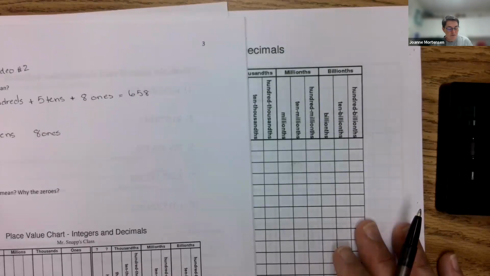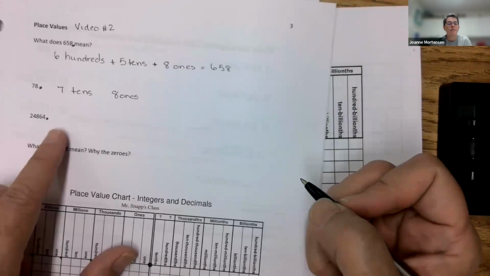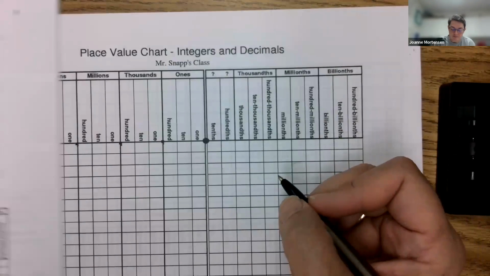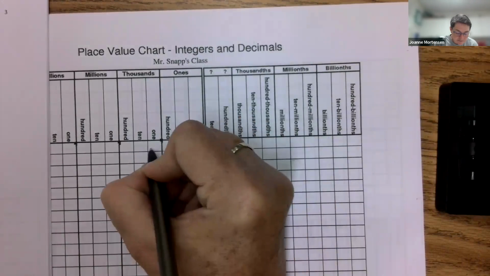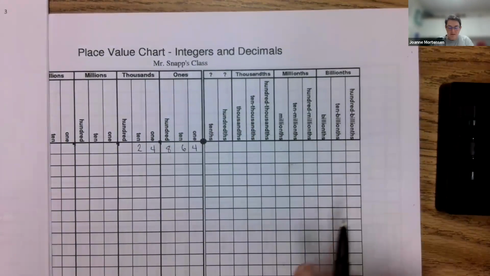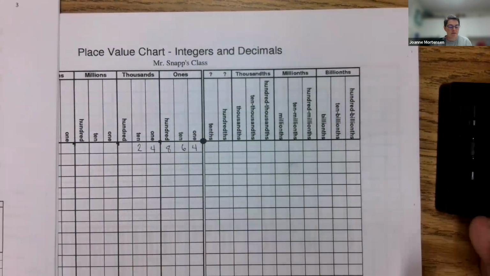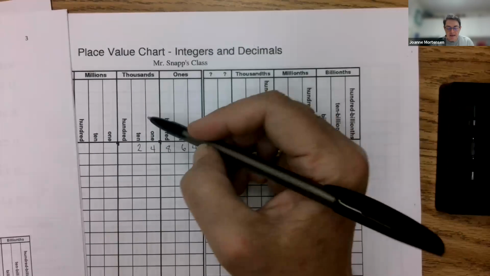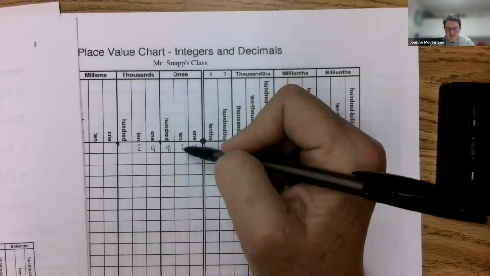So 24864. What's key is you start where the decimal is. You could also count. You're smart, you'll figure it out, right? So now when I go to do this answer, I can say it's 2 10,000s, 4 1,000s, 8 100s, 6 tens, and 4 ones.